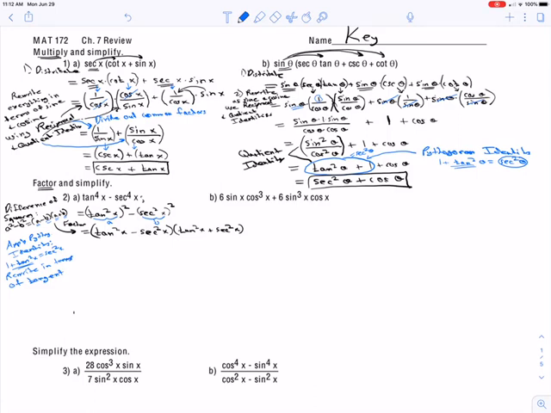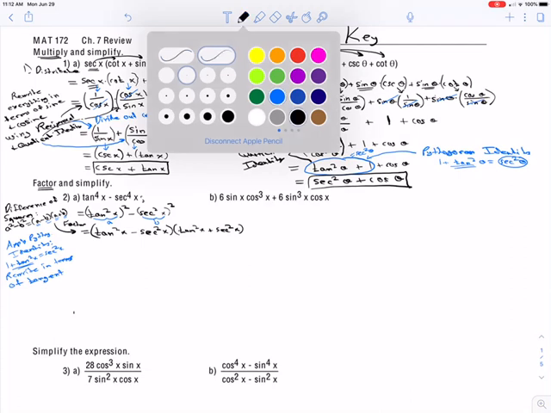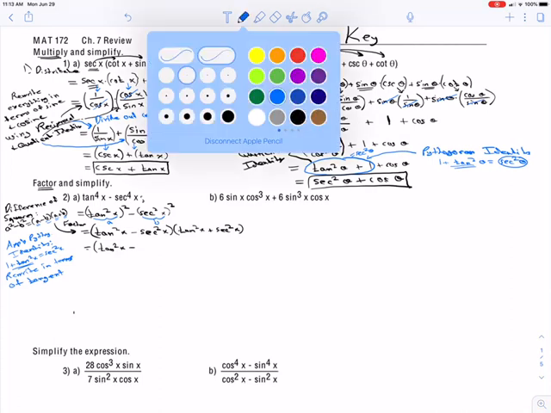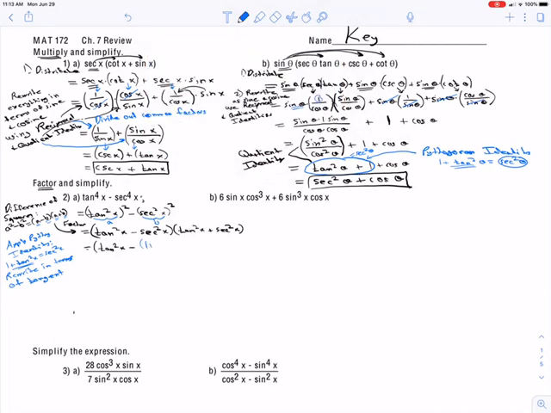So back up here to our problem, we have tan squared minus secant squared. Well, that's tan squared x minus, and secant squared is 1 plus tan squared x. So using my identity, we were able to rewrite that in terms of tangent.